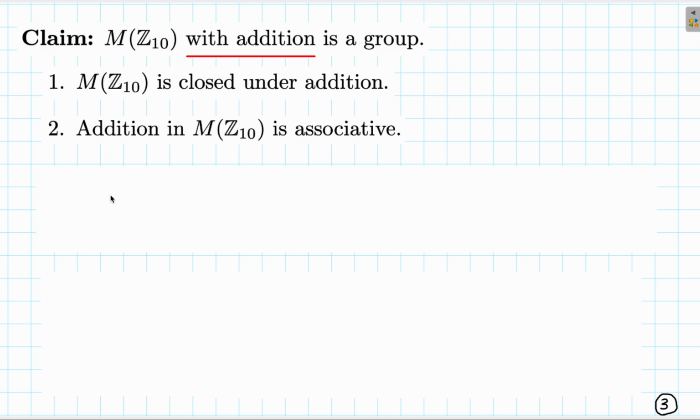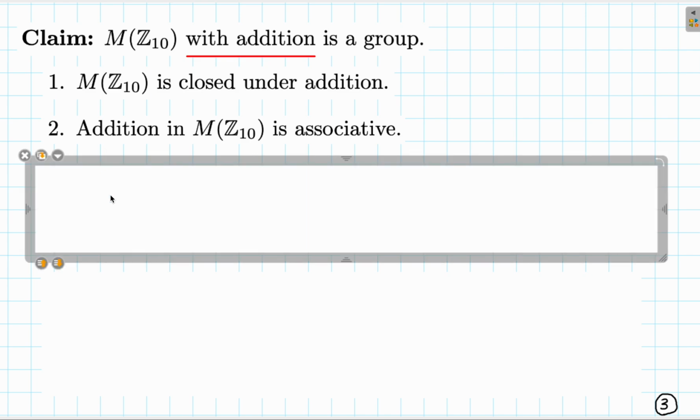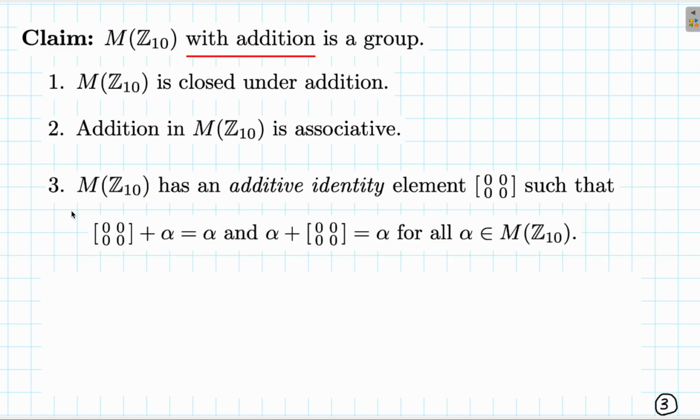Now in the classwork, we saw that the identity property is satisfied, meaning M of Z10 has an additive identity. I'm going to say additive here because our operation is addition, and the additive identity element is the 0 matrix, 0, 0, 0, 0.